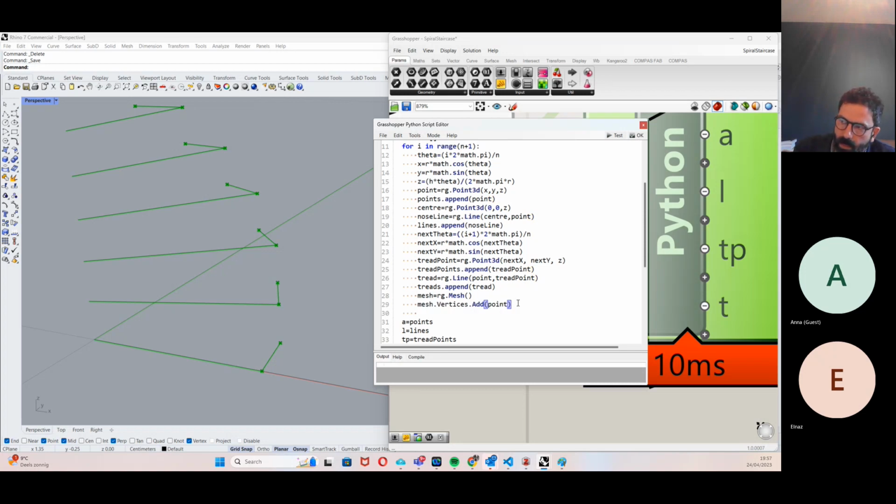So add point. You know what? I'm reaching the limit of using this loop. So maybe I should write it in another loop because I need the next one basically.